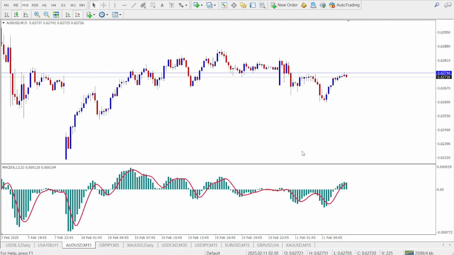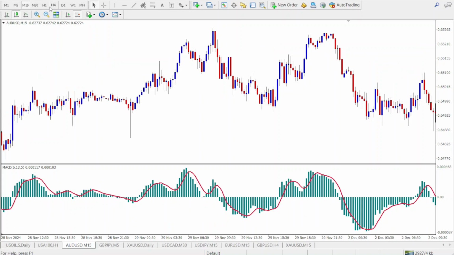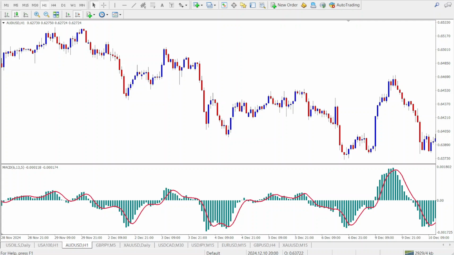These settings provide quicker crossovers and stronger momentum signals, making them more suitable for day traders working with the 5-minute chart, the 15-minute chart, or the 1-hour chart.